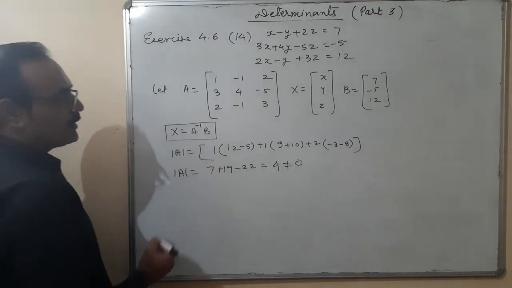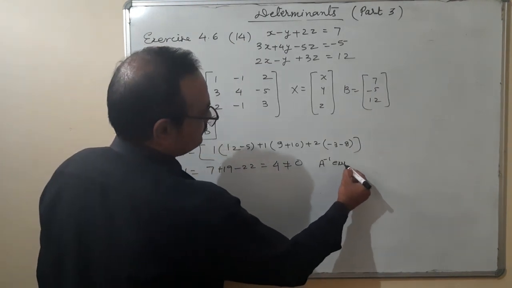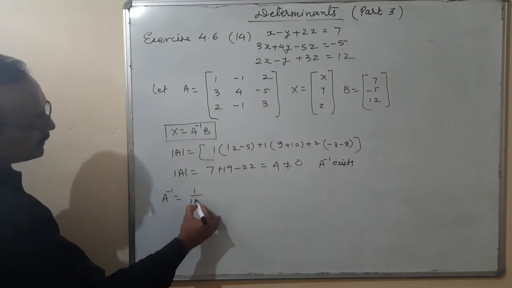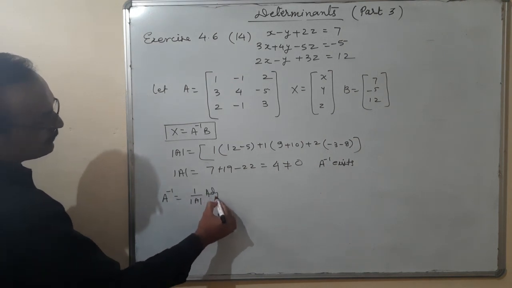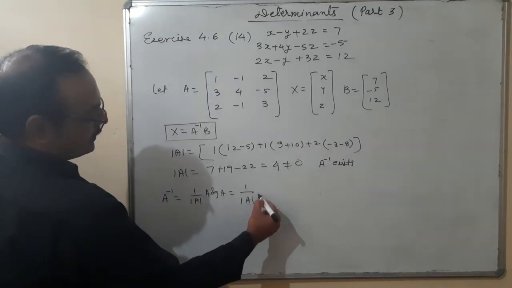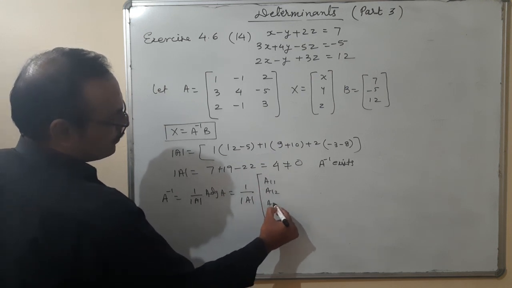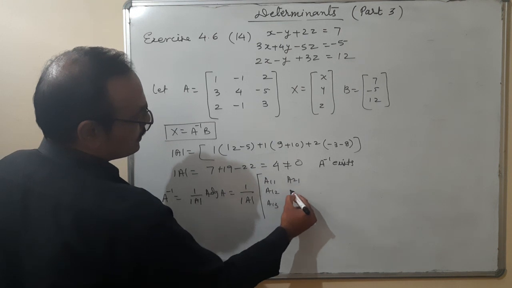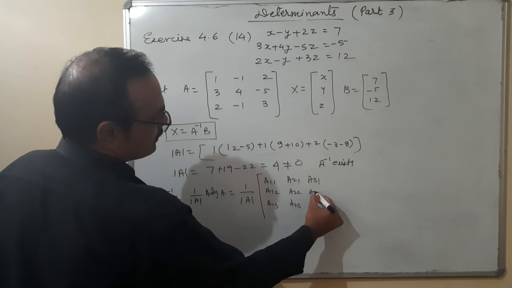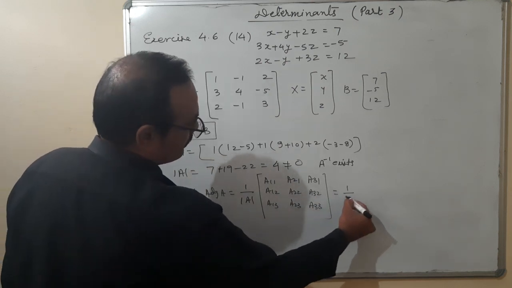Now we are finding the value of A inverse. A inverse is equal to 1 upon determinant value of A into adjoint of A. The cofactors are 1 1, 1 2, 1 3, 2 1, 2 2, 2 3, 3 1, 3 2 and 3 3.